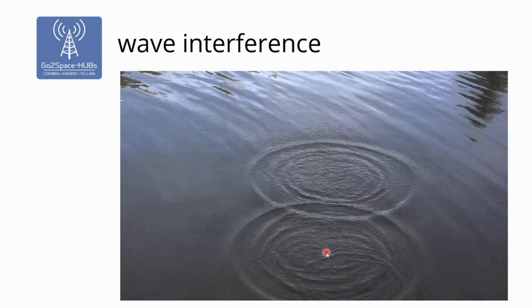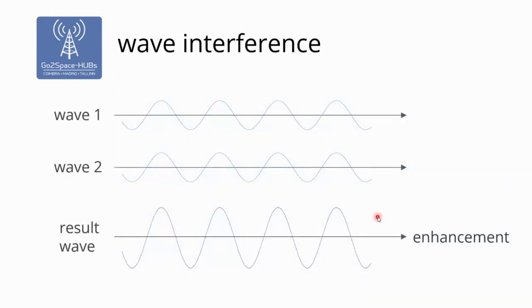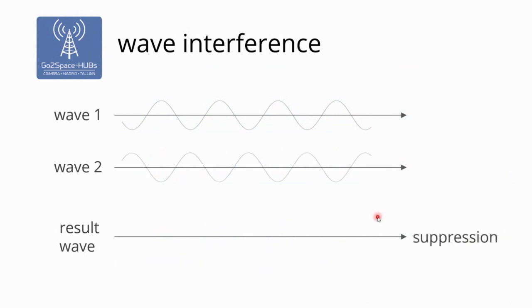We probably know this phenomenon. Here we can see the interference of the waves. The same way we use this phenomenon with radar interferometry. When we have waves in the same phase, they enhance, and when they are in opposite phase, they are suppressed.